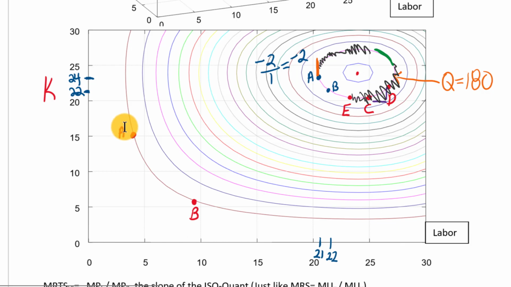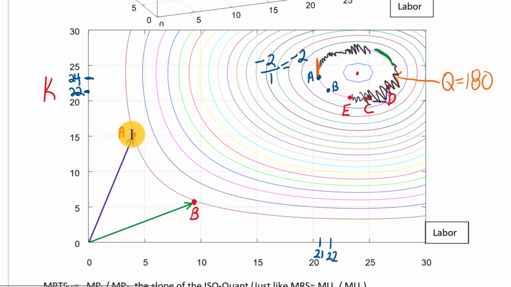But if you want to visualize the magnitude to which A is different from B, let's draw a ray from the origin to both of those points. And if you just kind of think, wow, that ray to point A is very steep, and the one to B is much, much flatter, the slope of the purple ray tells you the capital to labor ratio at point A, because the slope of the purple line is rise, which is from 0 to 15, over run, which is 0 to 4.